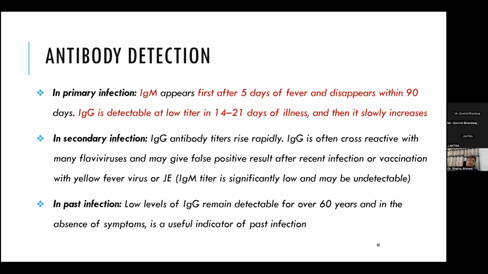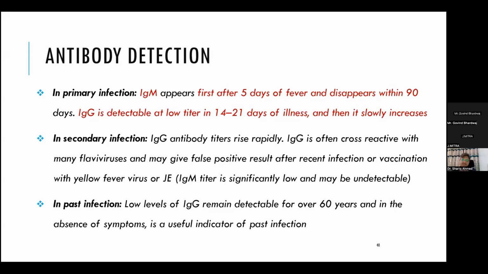Now, the antibody detection. Antibody detection has some complexities because it can differ in primary and secondary infection. In primary infection, IgM appears first after 5 days of the fever and disappears within 90 days. IgG is detectable in low titer in the first 14 to 21 days, and then it slowly increases.